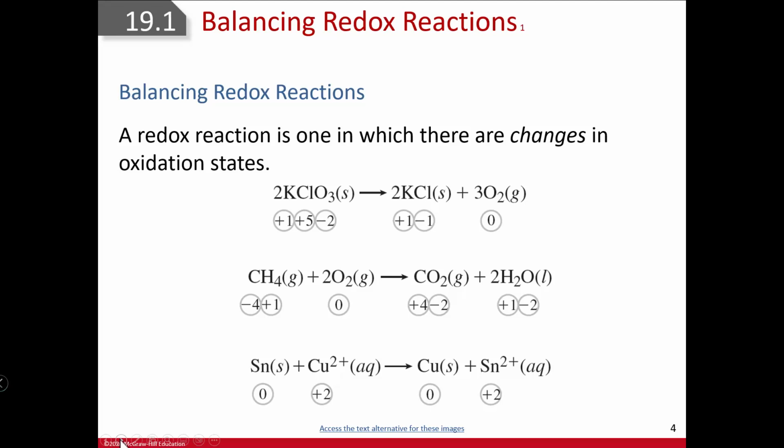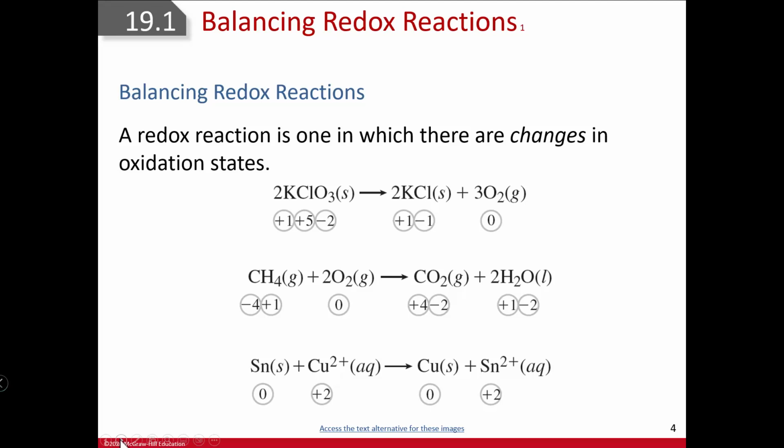And the other thing to remember about Table 4.5 is the rules are hierarchical, which means fluoride being assigned a -1 oxidation state is more important, or takes precedence over group 1 and group 2, group 1 being +1 oxidation state, group 2 being a +2 oxidation state.